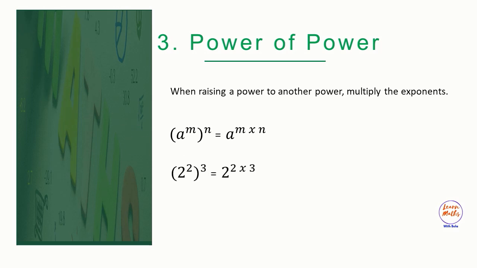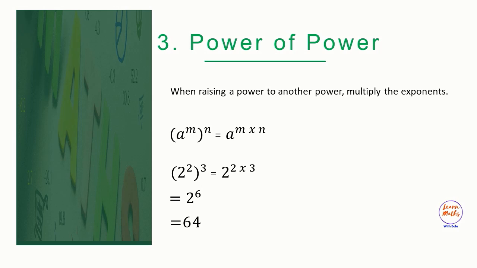Let's take an example. We have 2 raised to power 2, all in brackets, raised to 3. So we have 2 raised to power 2 times 3, and that is 2 raised to power 6. Then we multiply 2 six times to get 64.